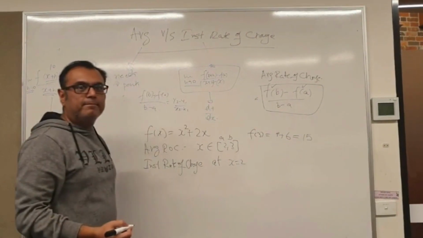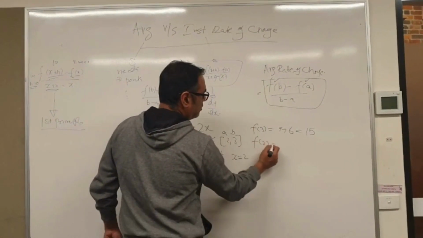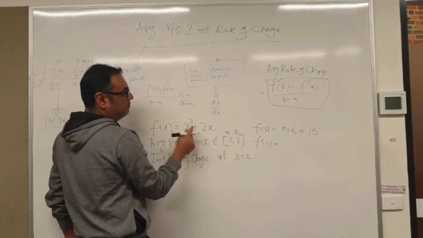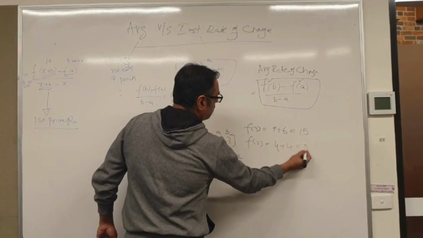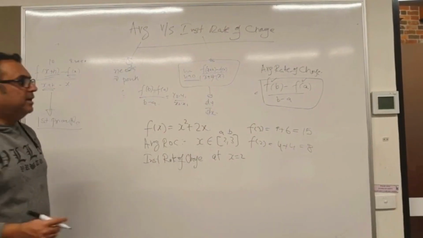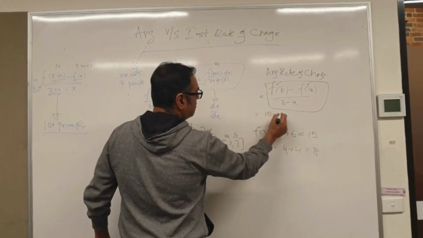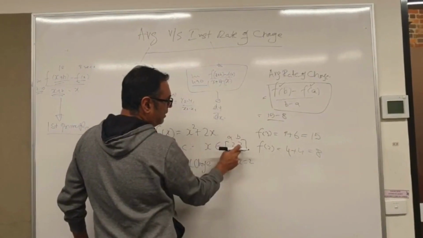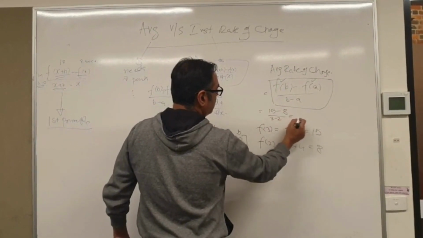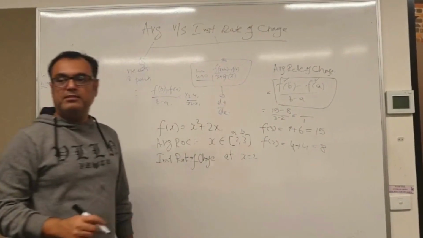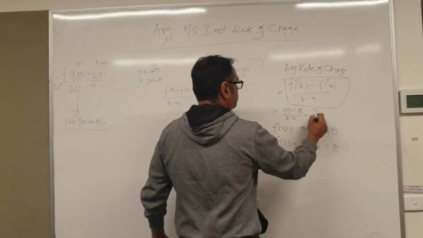And then what is f of 2? 4 plus 2 times 2 is 4, which is 8. And then you apply this formula, which is f of b, which is 15 minus 8 over b minus a, which is 3 minus 2. So what is that? 15 minus 8 is? Answer is 7.